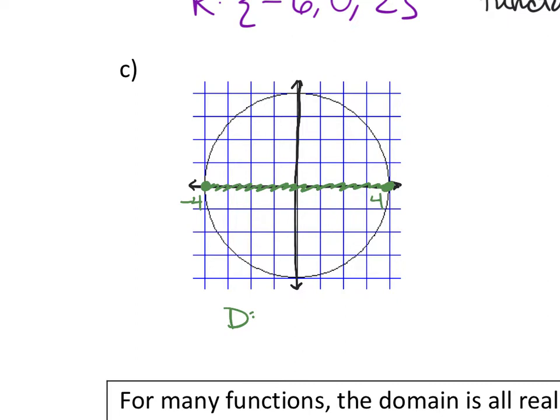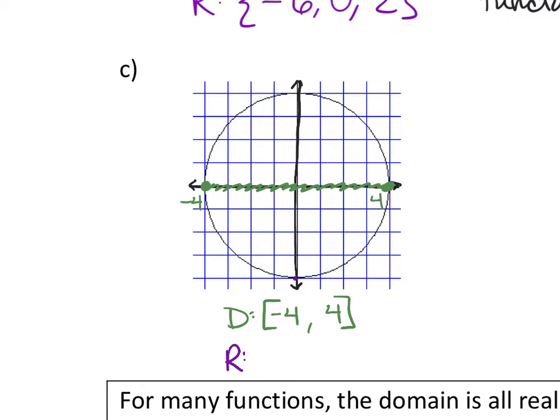What number does it start at on the left? -4 with a bracket. Why is it a bracket instead of a parenthesis? Because it's a closed circle. The function exists there. There's no hole. And where does it end at? 4. So the domain for this circle is between -4 and 4 inclusive.